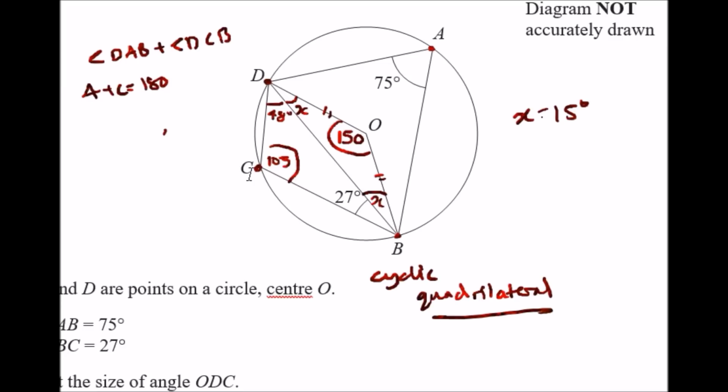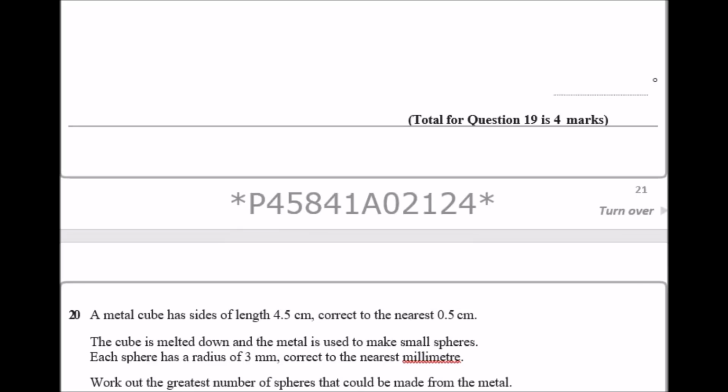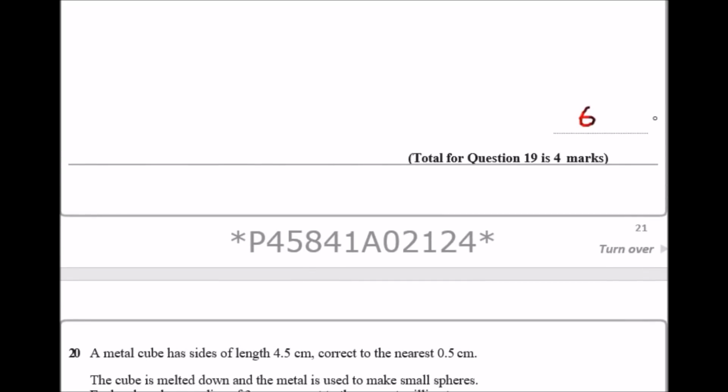Therefore, angle CDO would be 48 plus X, which is 48 plus 15. And that's it. The answer is 63 degrees. Not bad at all. So I think we're done here. Let's go back to our normal zoom. I'll just write the answer here, 63.